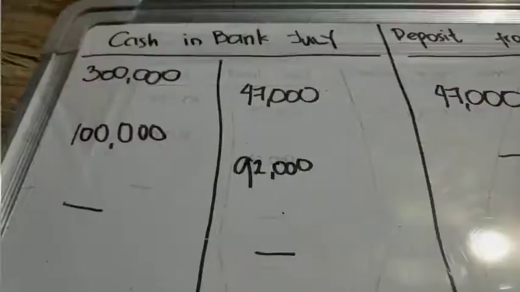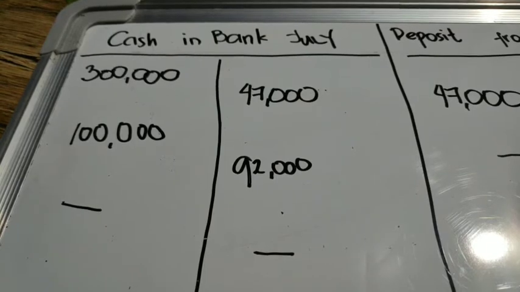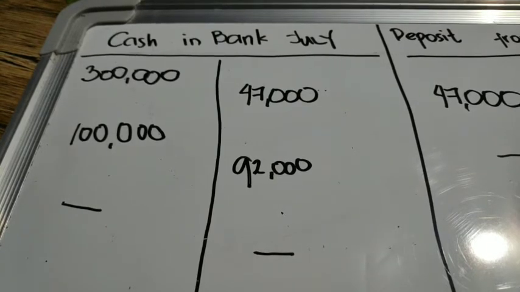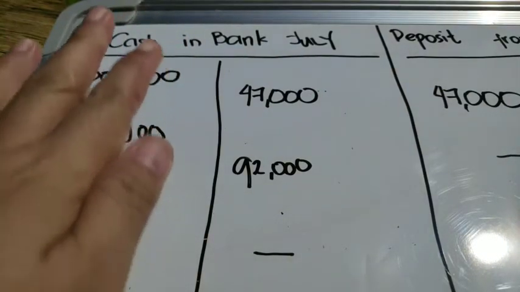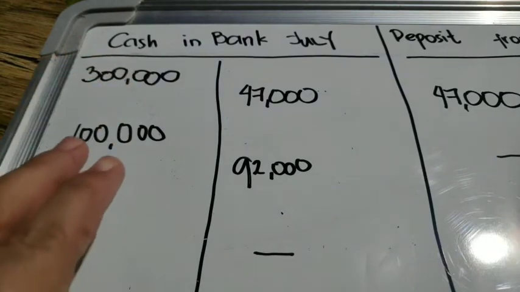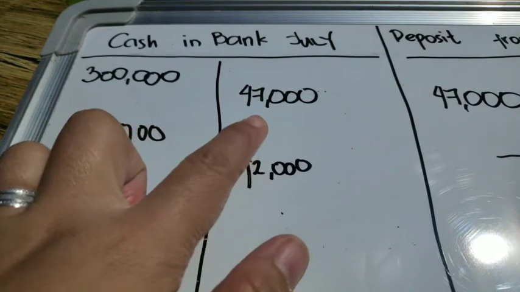First nating i-compute is the side of the company. This is the cash in bank. So, from 300,000, you will add the 100,000. So, it is 400,000. Di ba? Debit side man ito. So, you will add both of them. And then, from the debit side, you will deduct the credit side amounts.